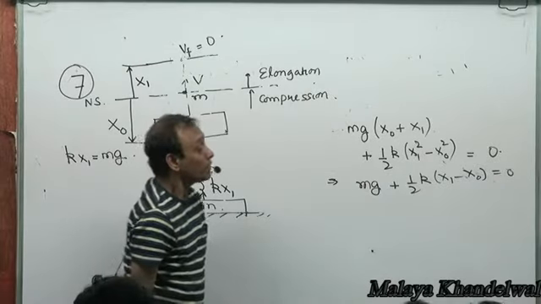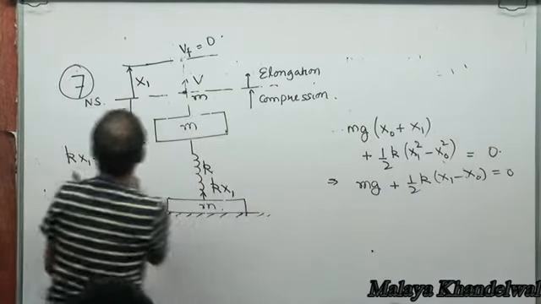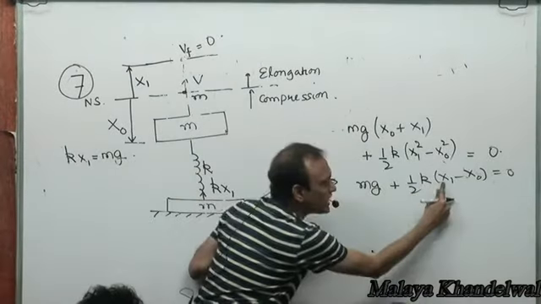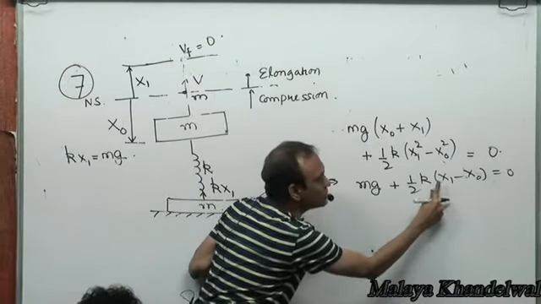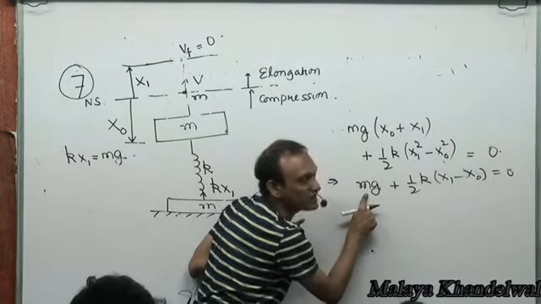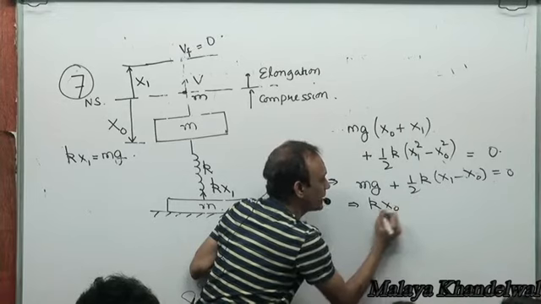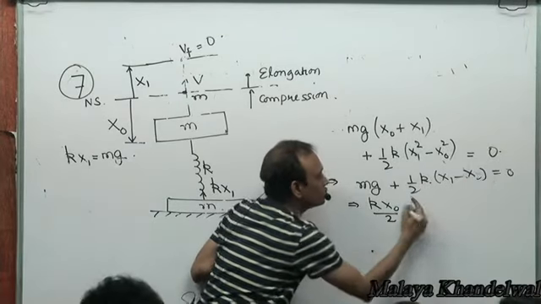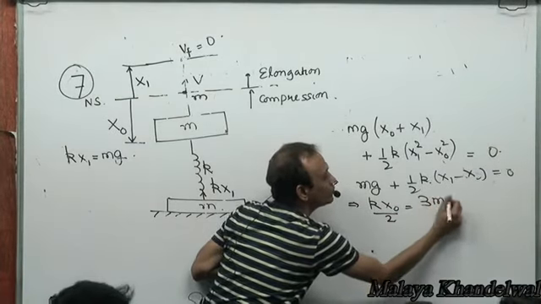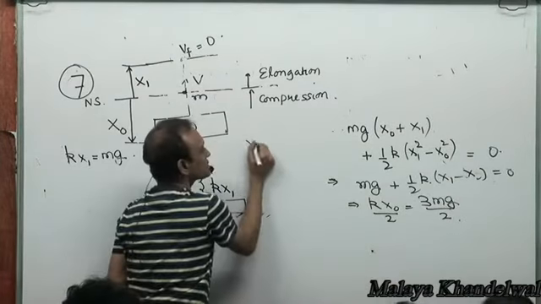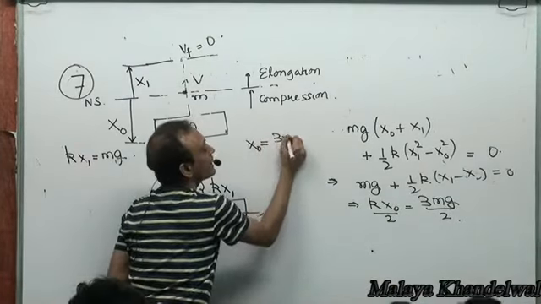Now kx1 is mg, very clearly. So this kx1 that comes here, I can replace by mg. So mg by 2 plus mg is 3mg by 2. Yes or no? So kx0 by 2 is 3mg by 2. So this gives me x0 equal to 3mg by k.